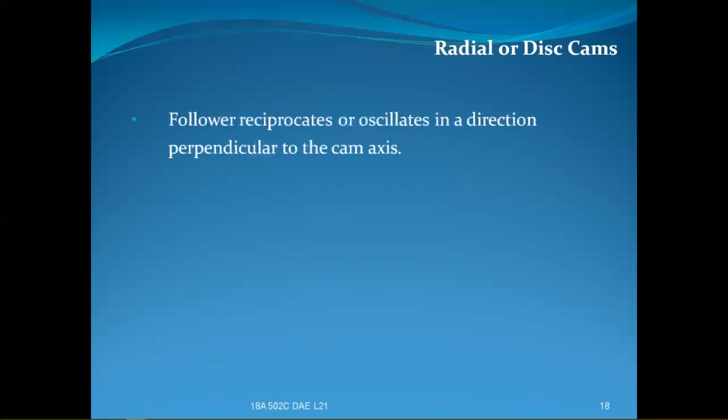In radial or disc cams, the follower reciprocates or oscillates in a direction perpendicular to the cam axis. That means radial cams are of reciprocating type, tangent or circular type.